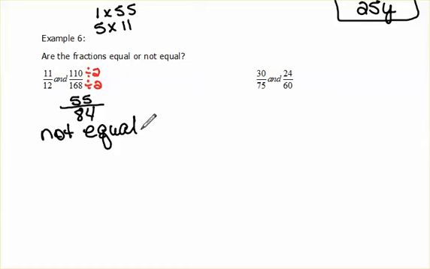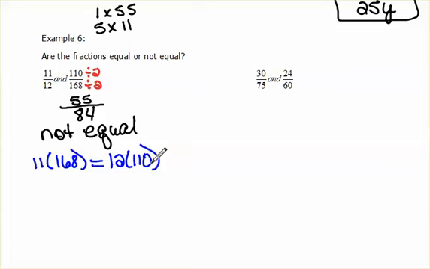Now, another way to look at that would be what we call a cross multiplication technique. If they are equal, then when you multiply them crisscross pattern, those products will be the same. So if I multiply 11 times 168, it should equal 12 times 110.